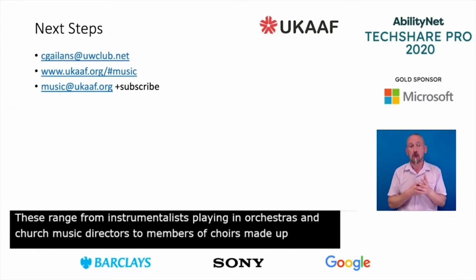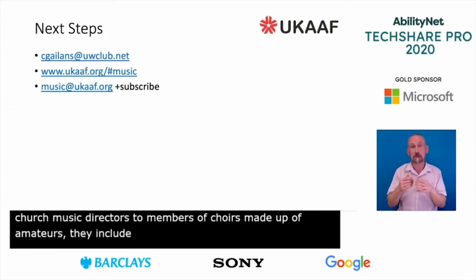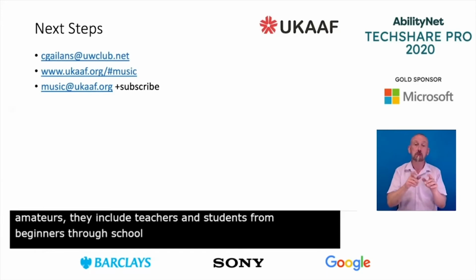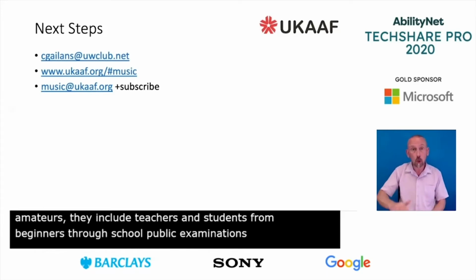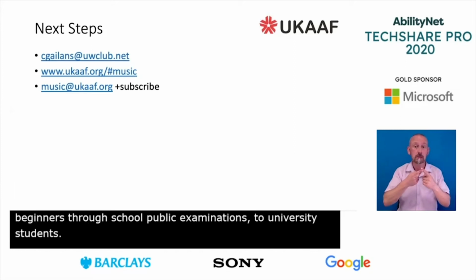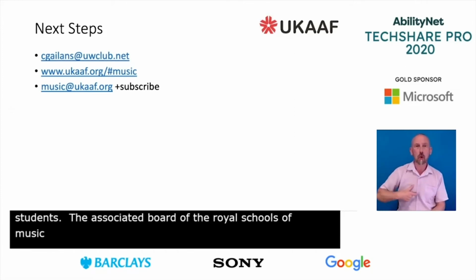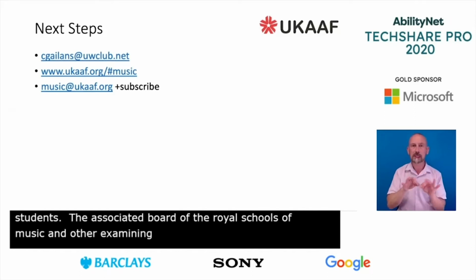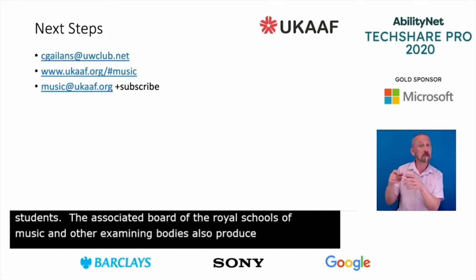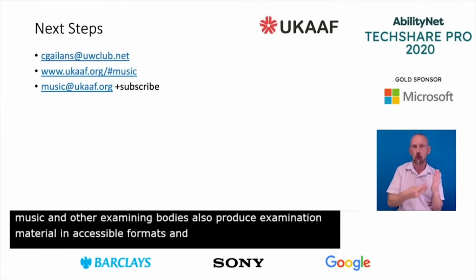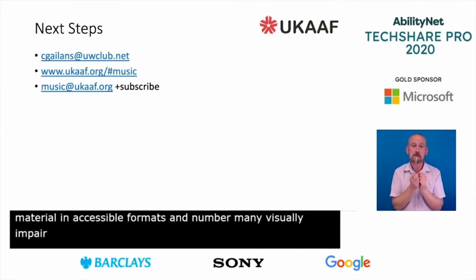They also include teachers and students from beginners through school public examinations to university students. The Associated Board of the Royal Schools of Music and other examining bodies also produce their examination material in accessible formats and number many visually impaired and neurodiverse people among their successful candidates.